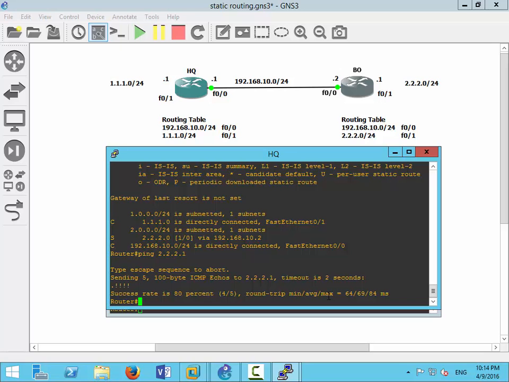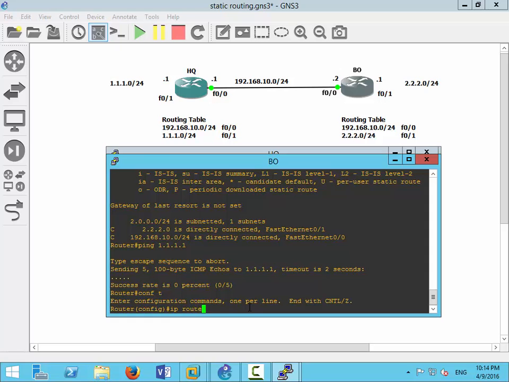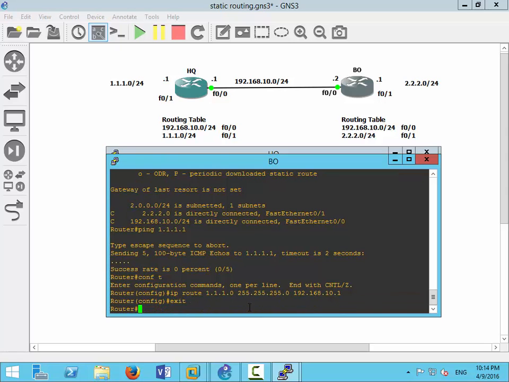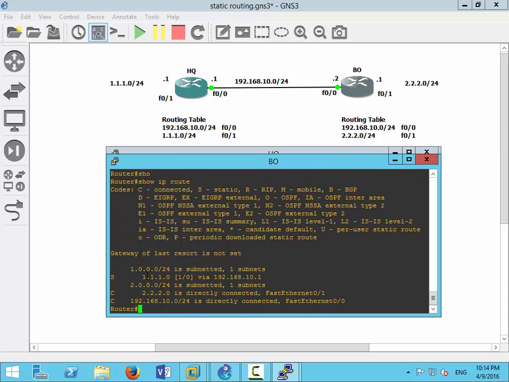Now we will do the same configuration on BO router to make it reach network 1.1.1.0 behind HQ router. Now it's ready.